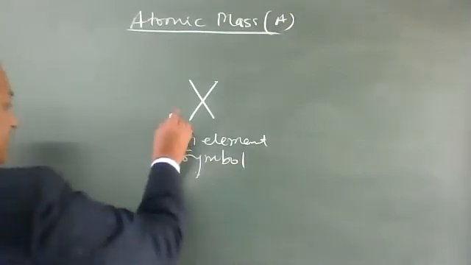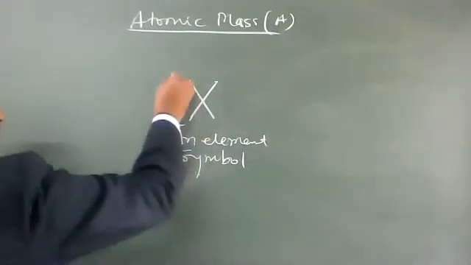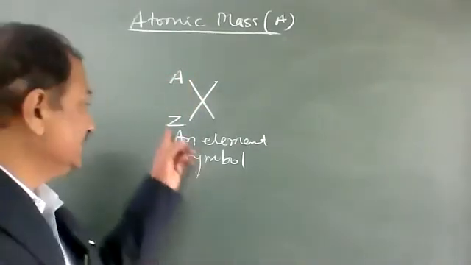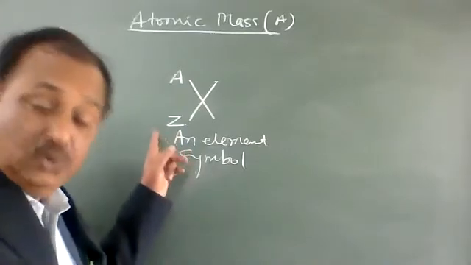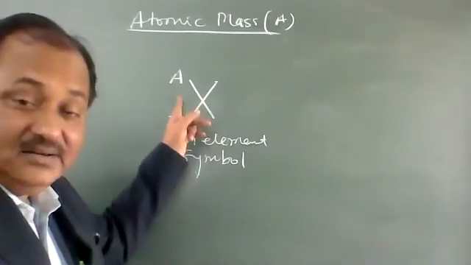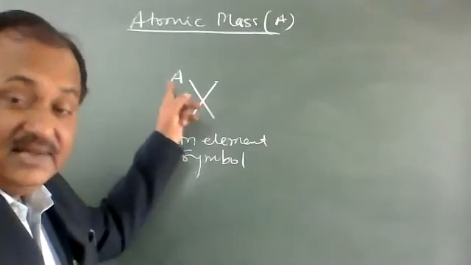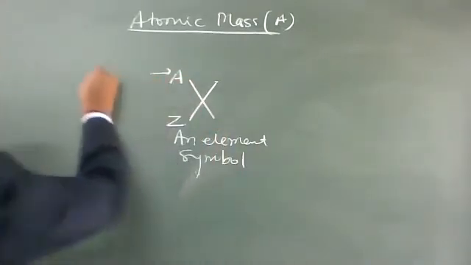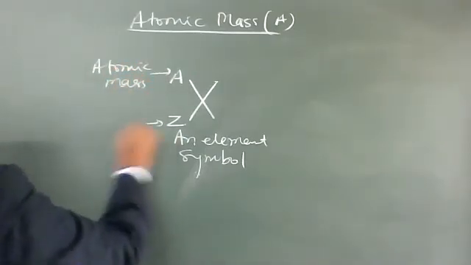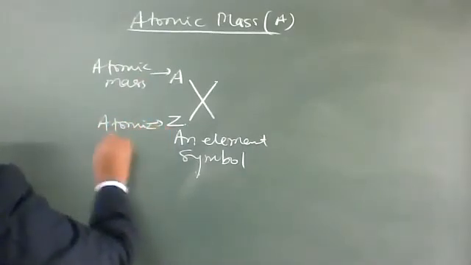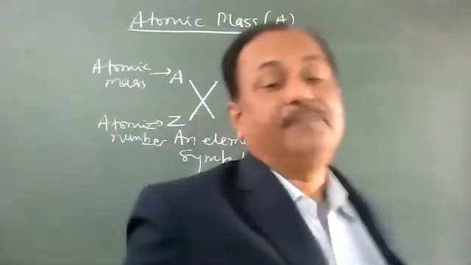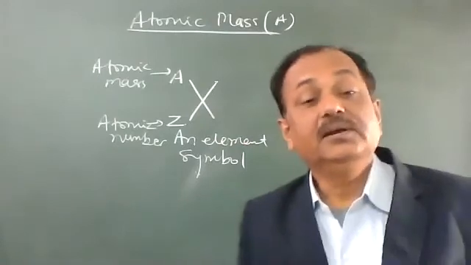Here we write Z, and here we write A. This is fixed. Atomic number is written on the lower left. Atomic mass is written on the upper left. Atomic mass may be called mass number.